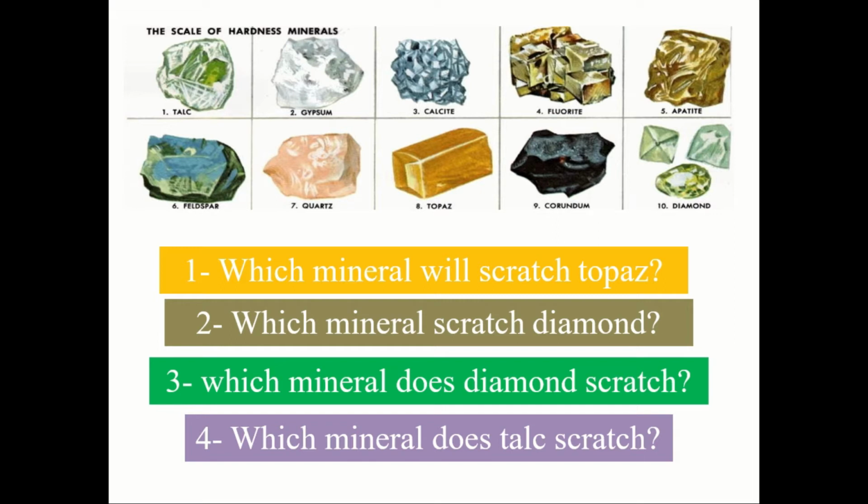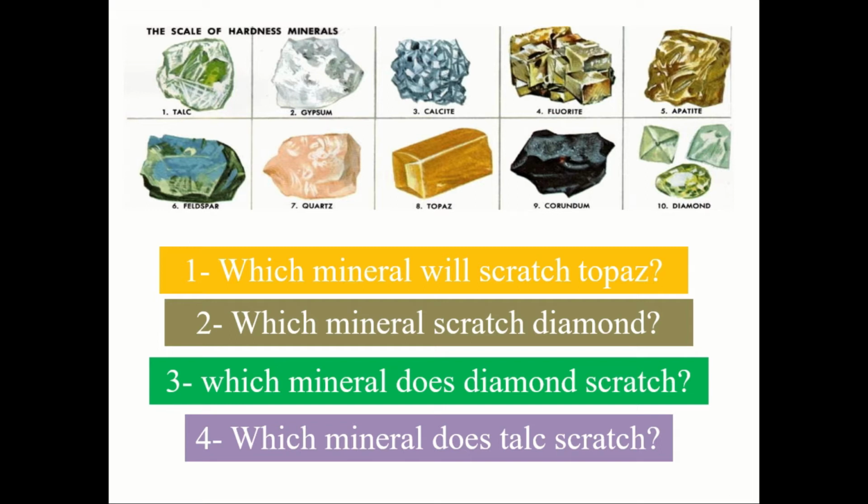Topaz is number 8. So which number from our Mohs scale can scratch topaz? Okay, so you have an answer. It's 9 and 10. Of course, 9 and 10 are harder than topaz, so they can scratch topaz.